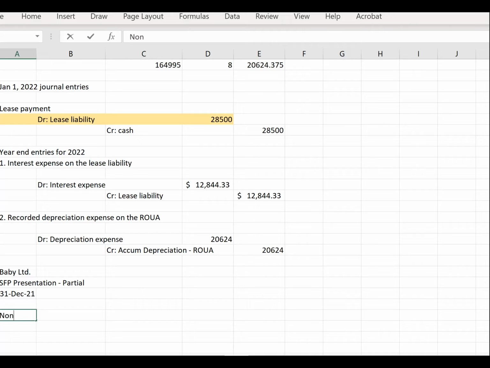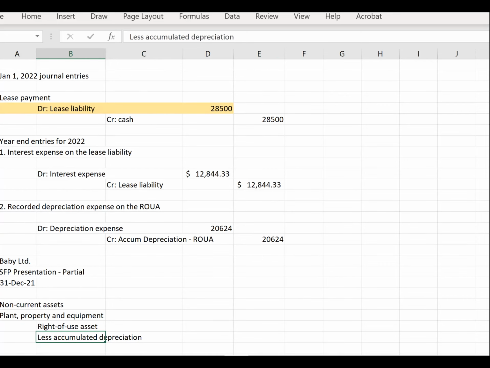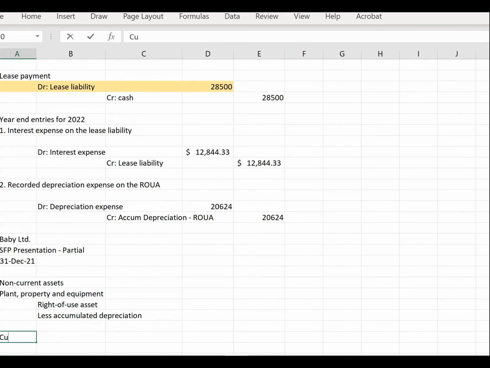Then we're going to have non-current assets. So we're going to have, under plant, property, and equipment, a right of use asset, and less accumulated depreciation. And then under here, we're going to have current liabilities.